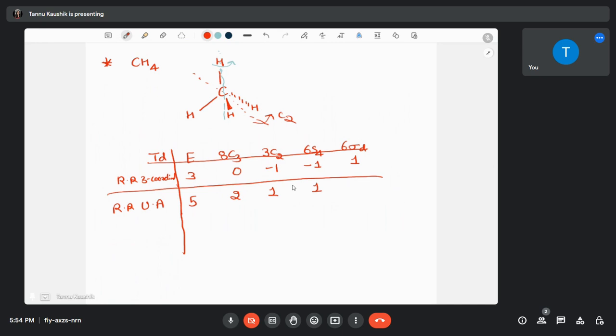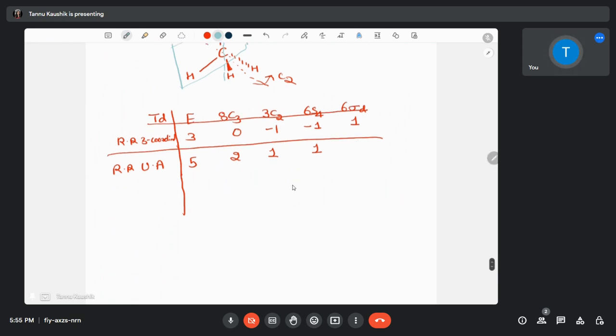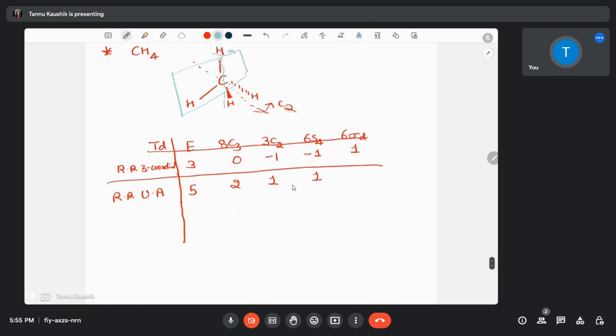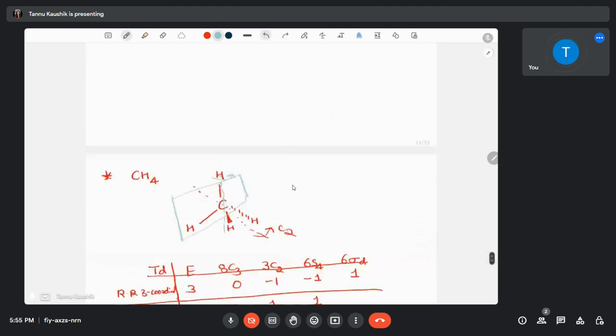And for sigma planes, if we take two bonds, two CH bonds along it, and one hydrogen atom out of plane towards the observer, and one away from the observer, in this case 3 atoms will remain unchanged.